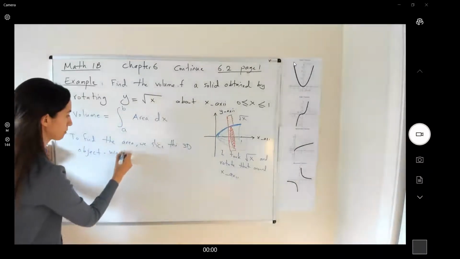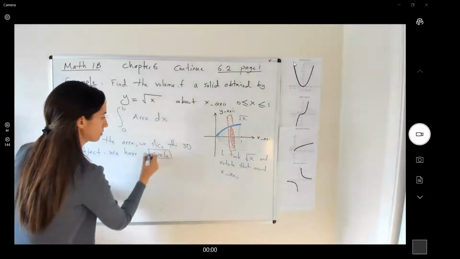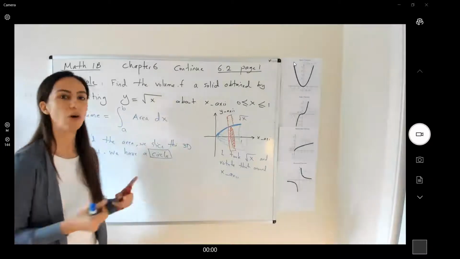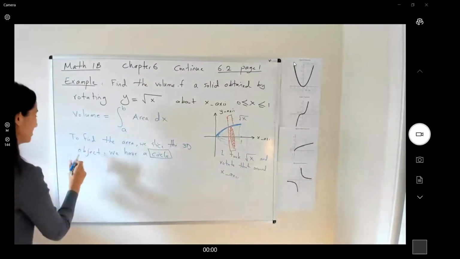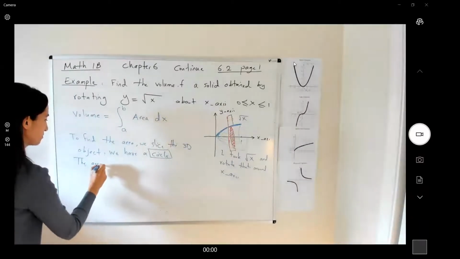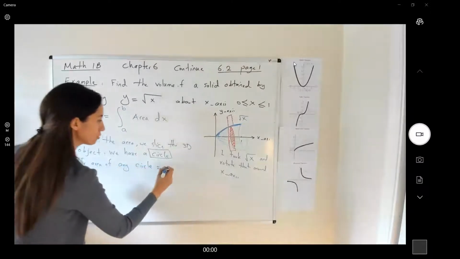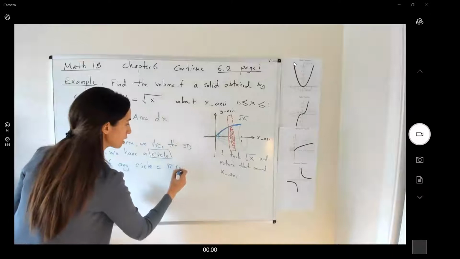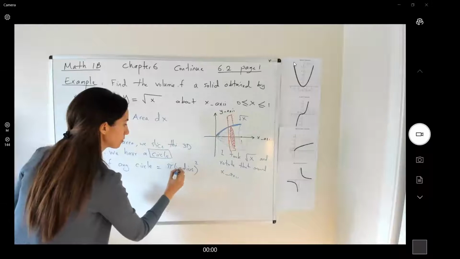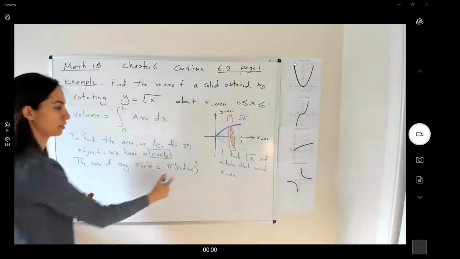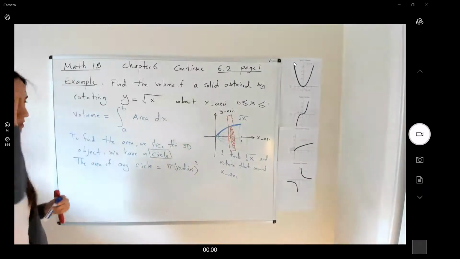We have a circle. So you all know that the area of any circle is pi radius squared. If you have your radius, you can easily find the area of your circle.